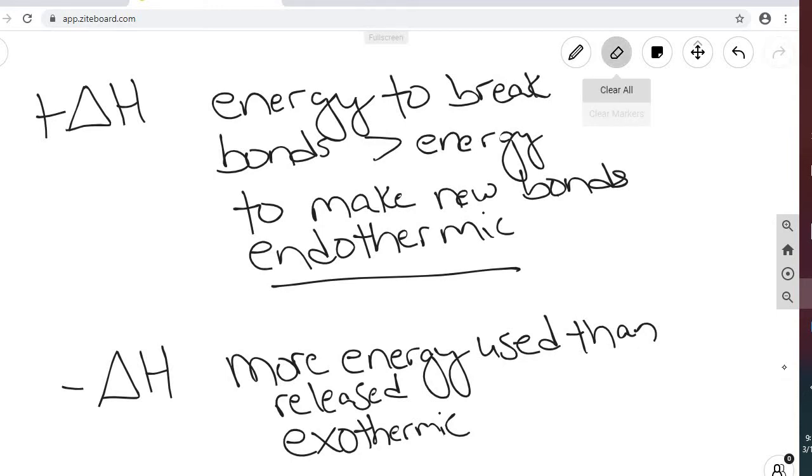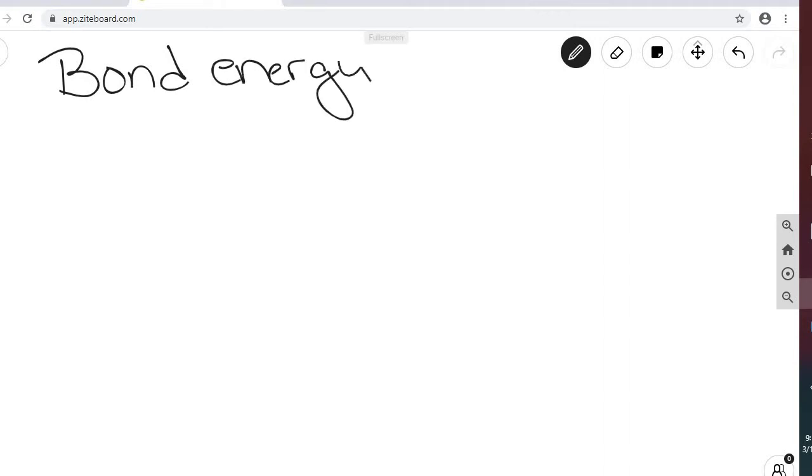Fortunately, there are tables available to us to tell us the bond energy that is associated with different molecules. So bond energy is the amount of energy that's required to break one mole of a bond.